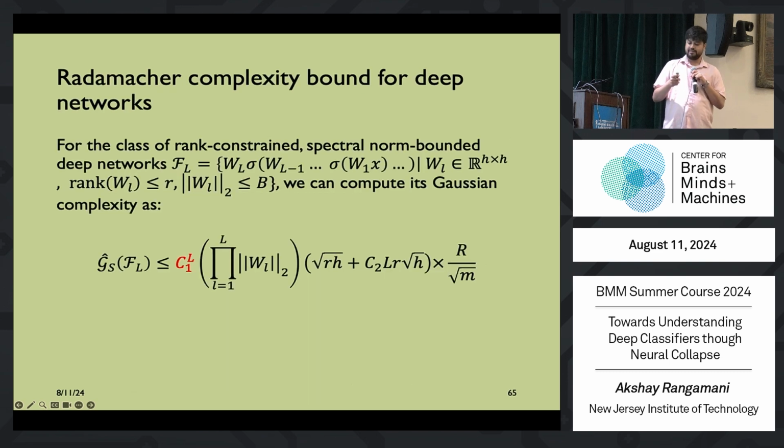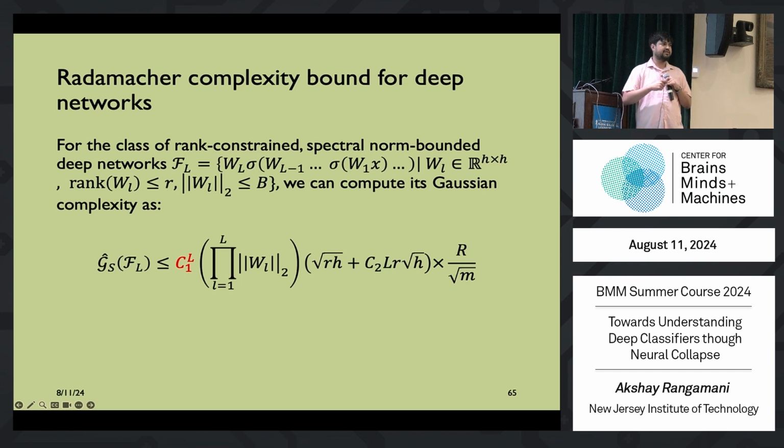So if you iterate that, for this particular class of deep networks, you can bound the Gaussian complexity by something that depends on the product of the spectral norms, and then r and h, where r is the maximum rank of each weight matrix, h is the maximum width of each weight matrix, and R is the bound on the data again.